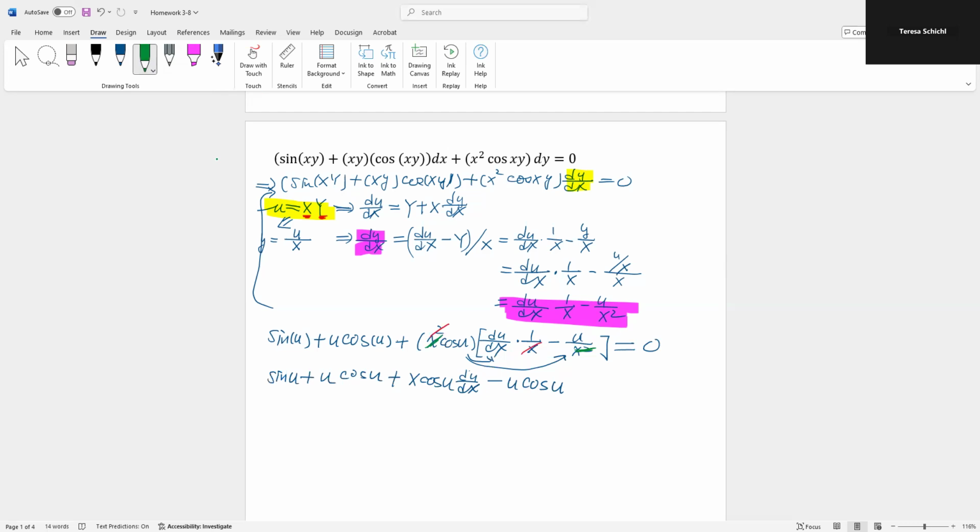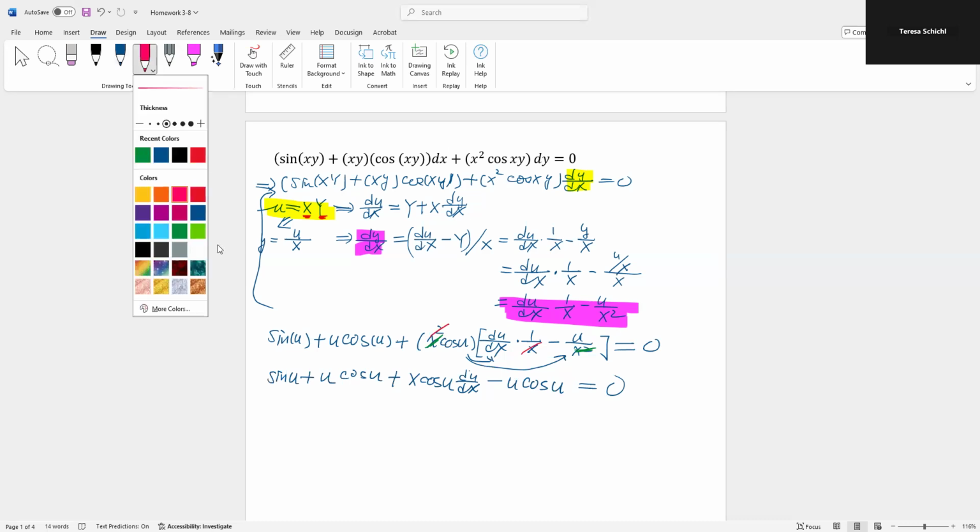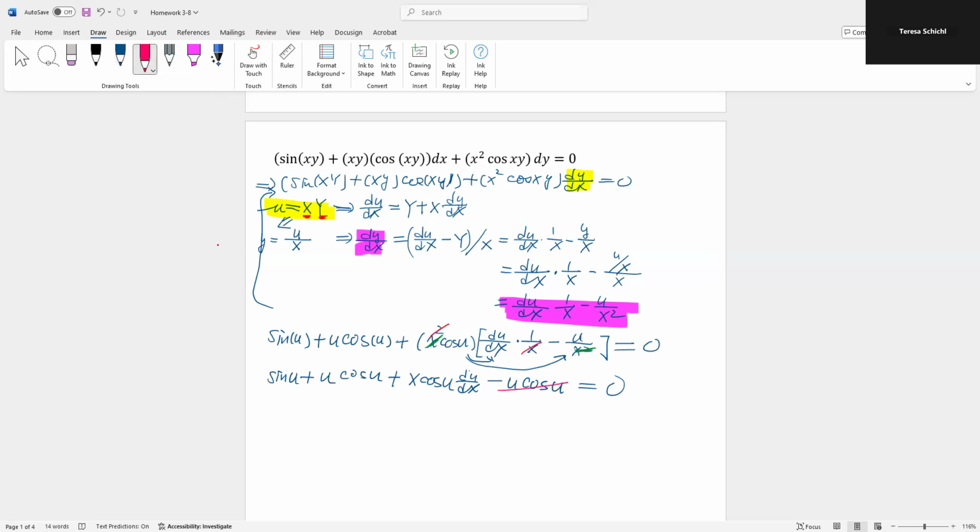All right, so now this is equal to 0. One good thing here is that there is a negative u cosine u, so this is positive u cosine u. That's good.